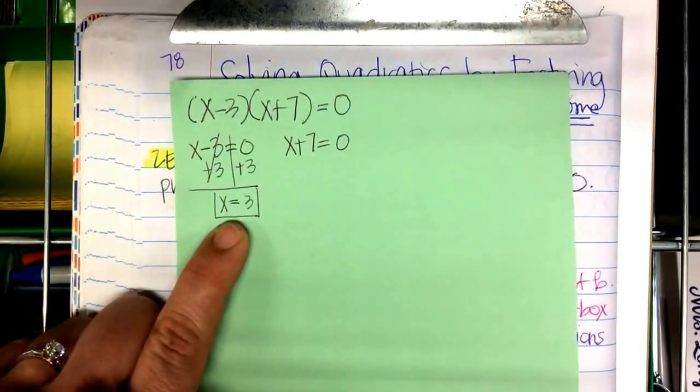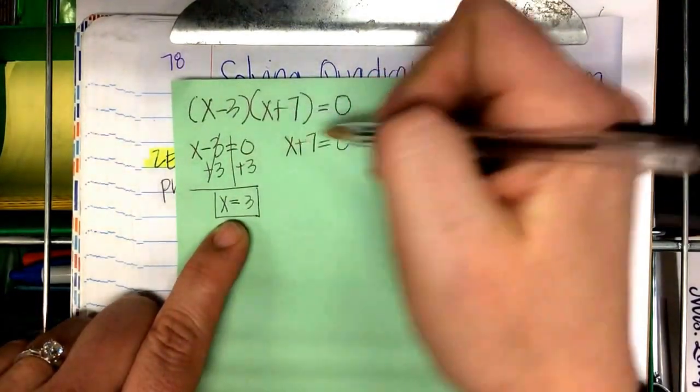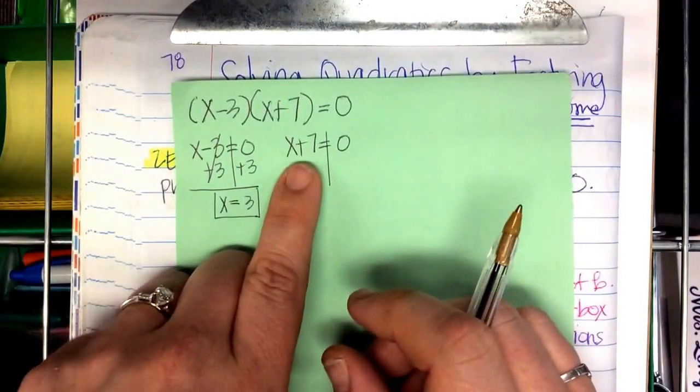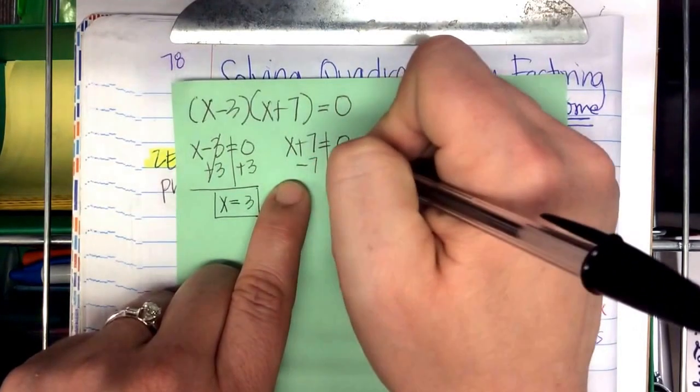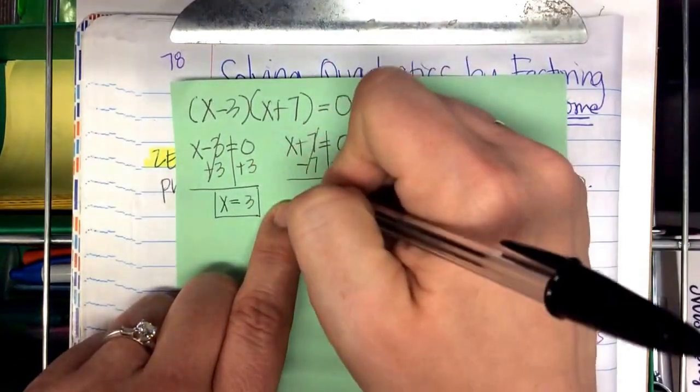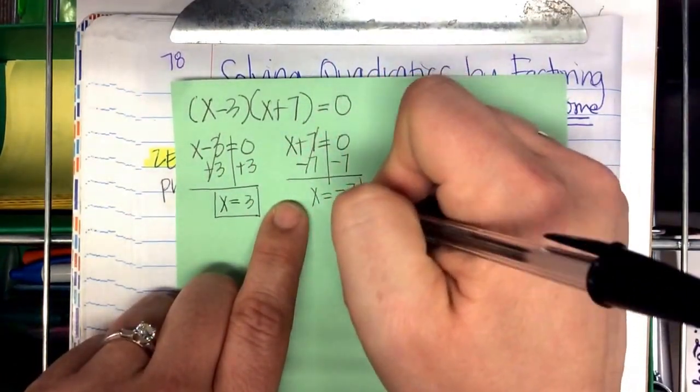But if you do, that's okay. X plus 7 equals 0, so the opposite of plus 7 is minus 7. And there are our answers.